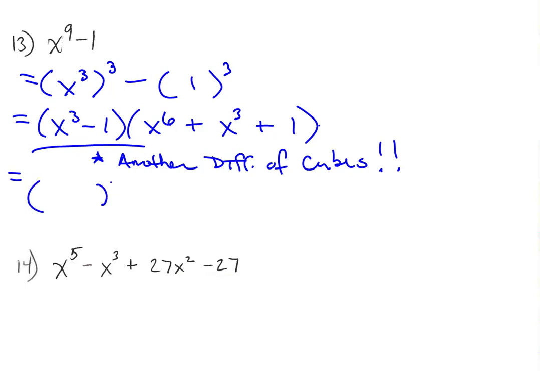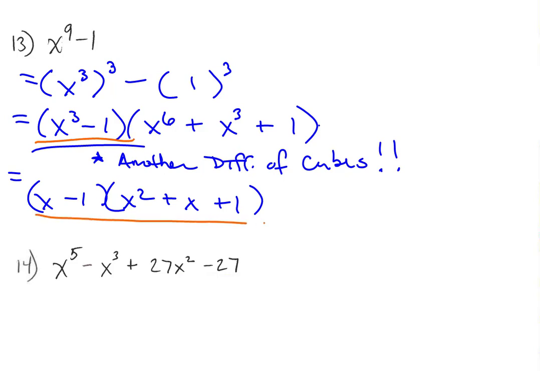So I'm going to take this first binomial, the x cubed minus 1, and turn that into x minus 1, and then x squared plus x plus 1. That's just doing difference of cubes again. So in fact, let me use maybe a particular color to outline that. So that showed up.